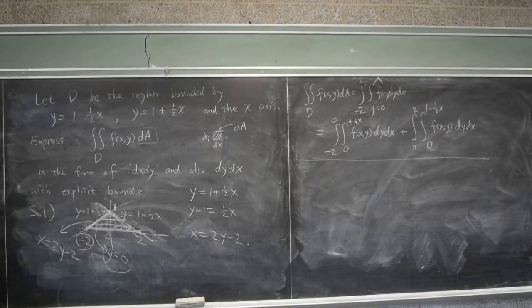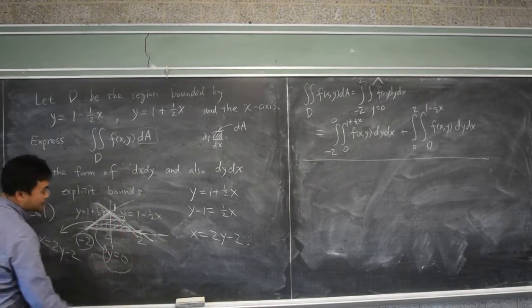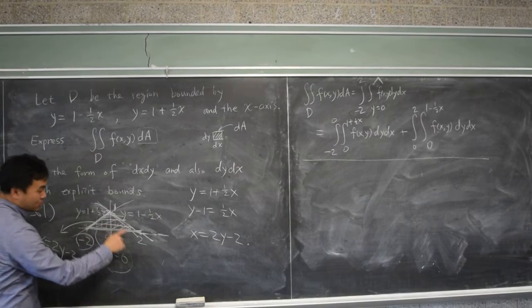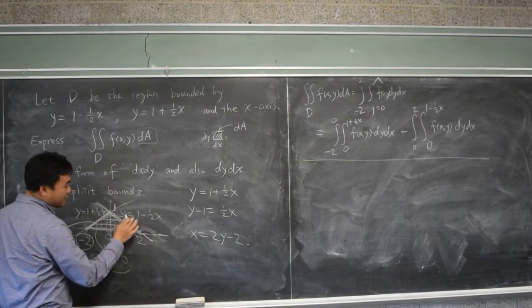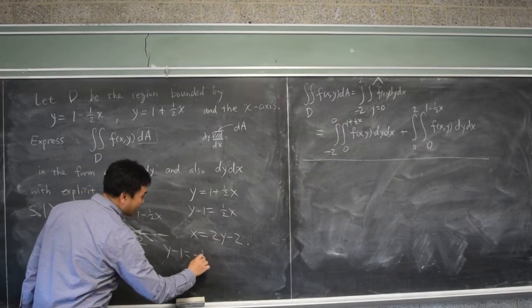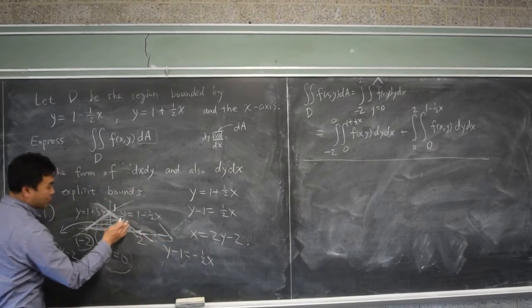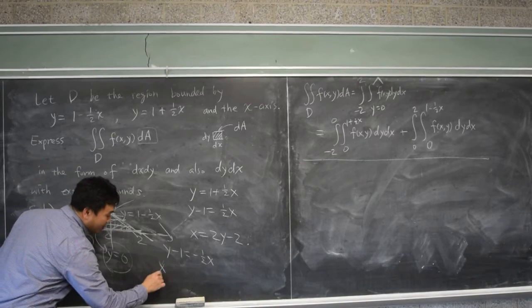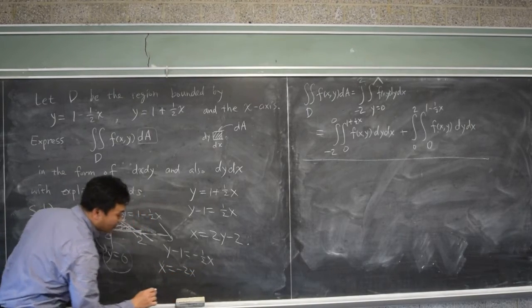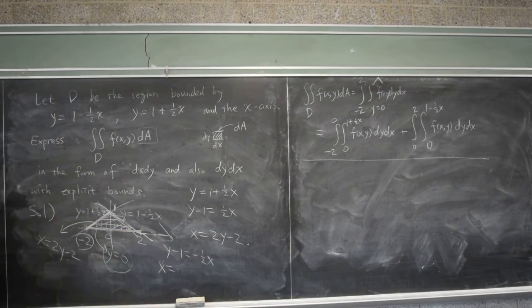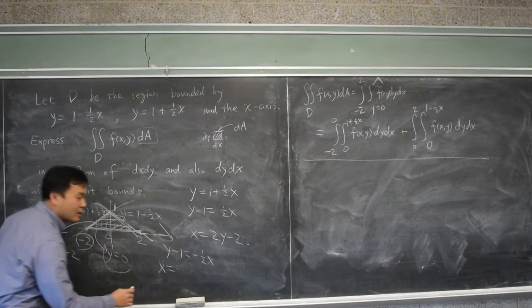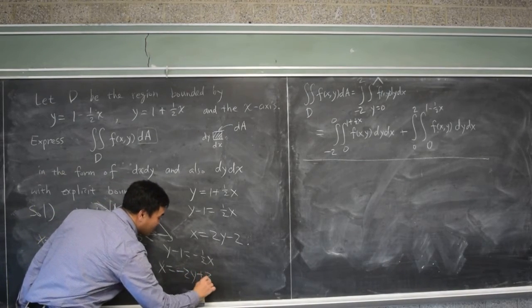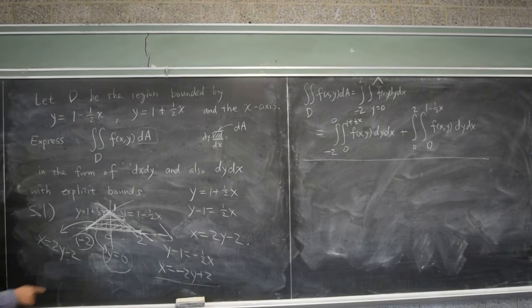How about this other one? Do the same thing again. y minus 1 is negative 1/2 x, if I move the 1 to the other side. Now multiply by negative 2, and you get x equals negative 2y plus 2. That's the equation for this other one.